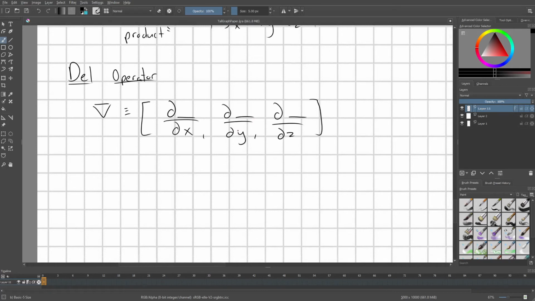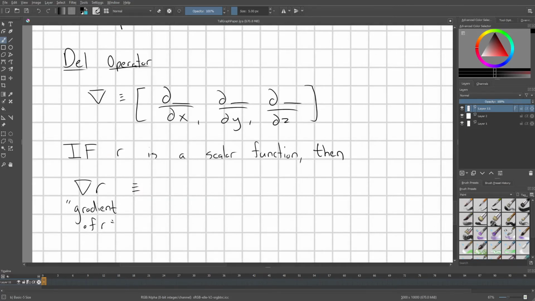So now that we have that, let's go ahead and say if r is a scalar function, then del r, in English this would be the gradient of r, would be defined as dr over dx, dr over dy, dr over dz.